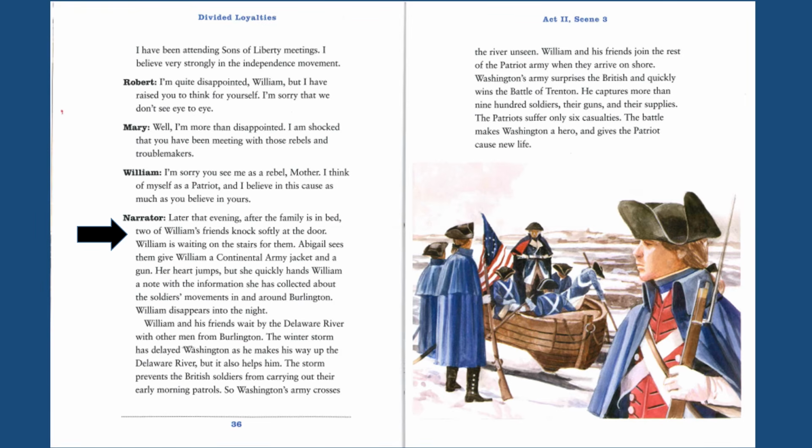William and his friends join the rest of the Patriot Army when they arrive on shore. Washington's army surprises the British and quickly wins the Battle of Trenton. He captures more than 900 soldiers, their guns, and their supplies. The Patriots suffer only 6 casualties. The battle makes Washington a hero and gives the Patriot cause new life.